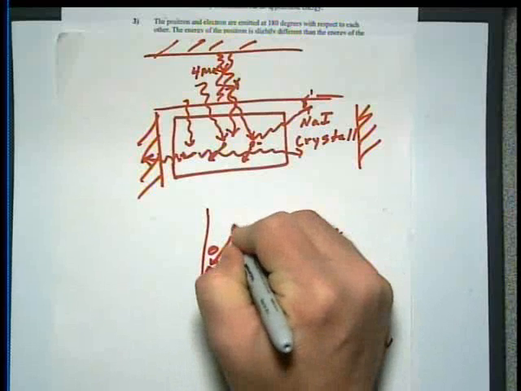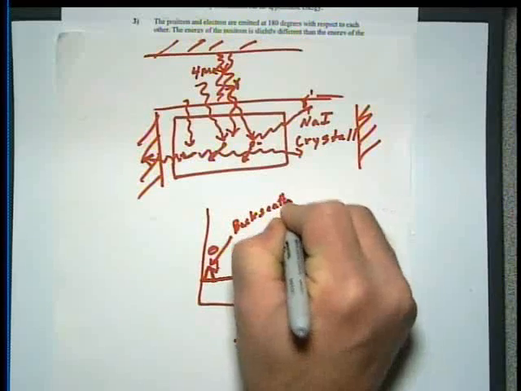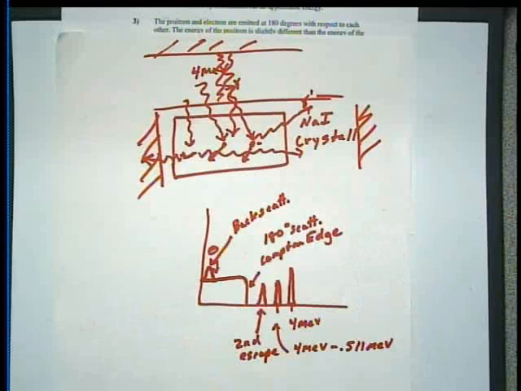That's called the backscatter peak. It's not a new element, it's not new radioactivity, it just happens to be there because it bounced off an electron. We used to use this in the honors class as a way to measure the rest mass energy of electrons. All you need is algebra.